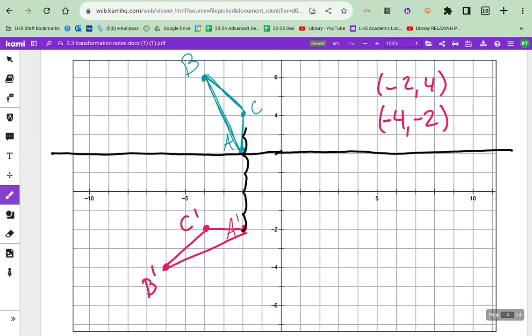So I'll go 1, 2, 3, 4 past my line of reflection to get A double prime. For C, I go 1, 2, 3, 4 to my line of reflection, and then I'll go 1, 2, 3, 4 past it.